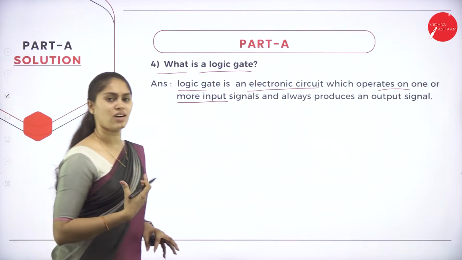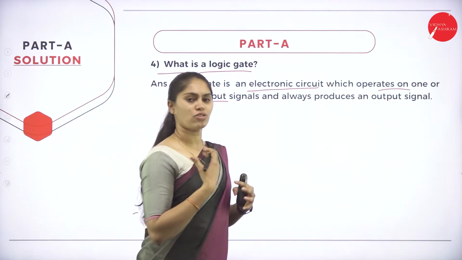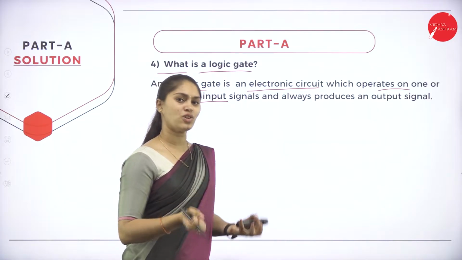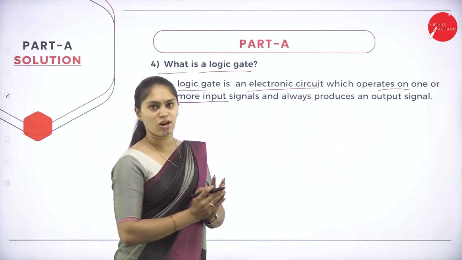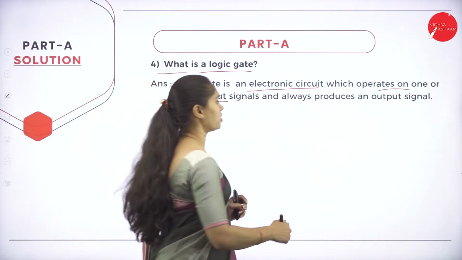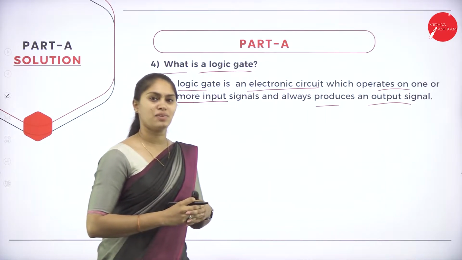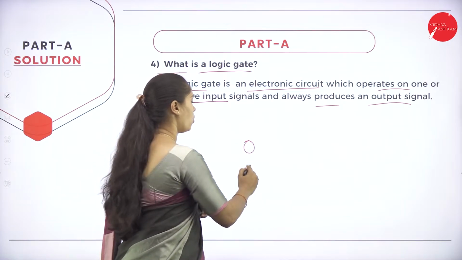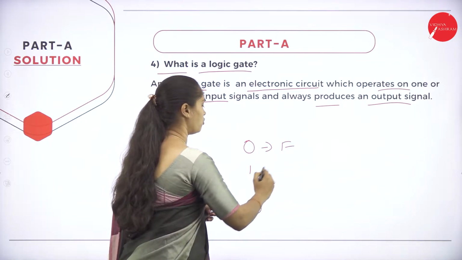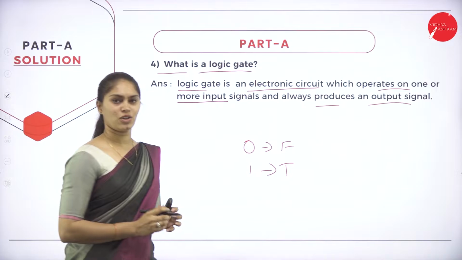We have to give one or more input signals, so either 2 or more input signals. Based on those signals, it does the operation and at last produces an output signal. All these signals will be in terms of zeros and ones. If it is 0, that is related to false. If it is 1, that is related to true.